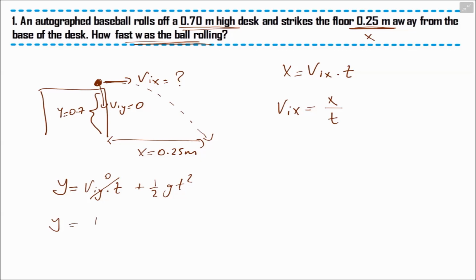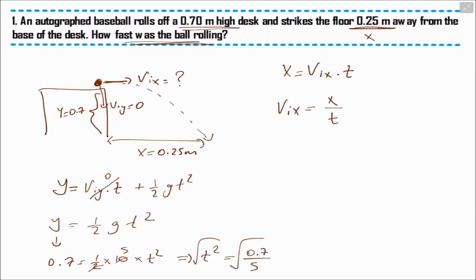So y equals half g t squared, and the y given in the question is 0.7, equal to half times, I will take g as 10, times t squared. So from here 2 and 10 cancel, 5. So t squared equals 0.7 over 5.